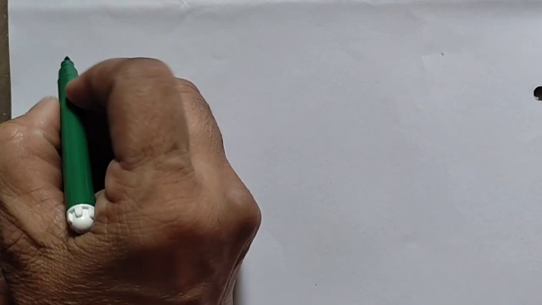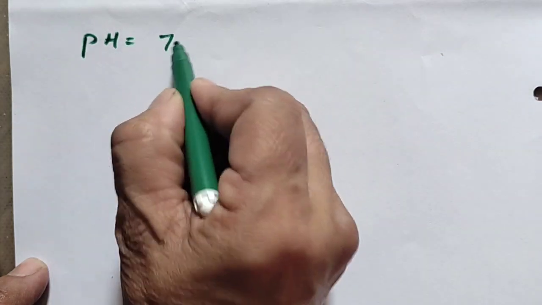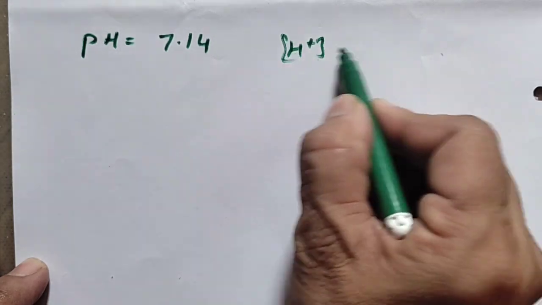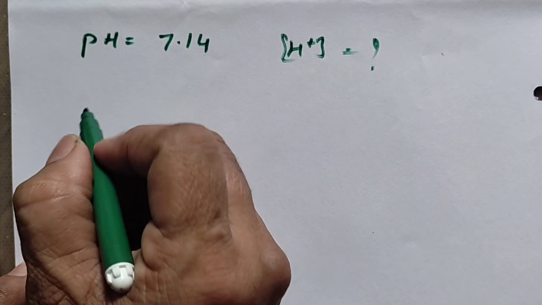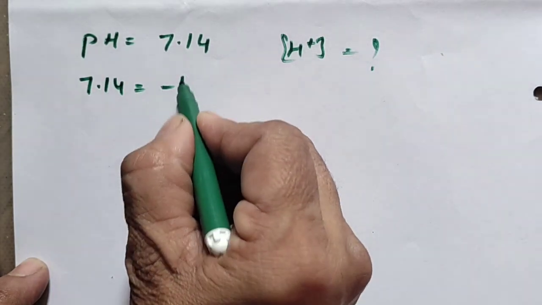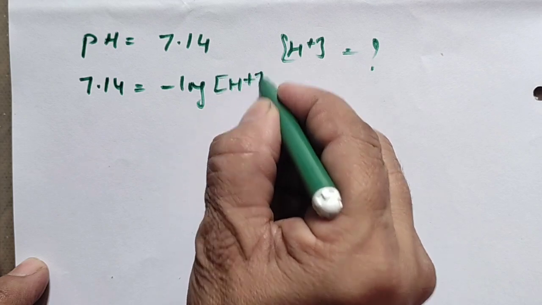Now suppose the question is: the pH is equal to 7.14, and we are asked to calculate the hydrogen ion concentration. So you put it in that formula. pH is 7.14, which is equal to minus log of H plus ion concentration.